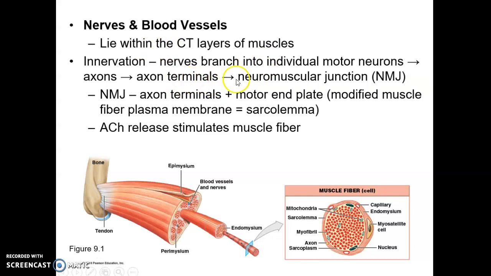Those axon terminals touch the muscle fibers at what's called the neuromuscular junction, for neuron and for muscle. At the neuromuscular junction, the axon terminals plus what's called the motor end plate, a modified sarcolemma, which is the special name for the muscle fiber plasma membrane.